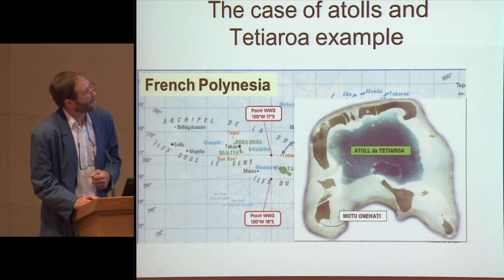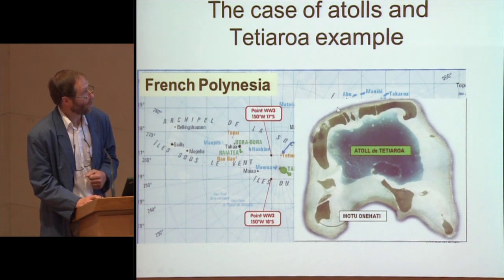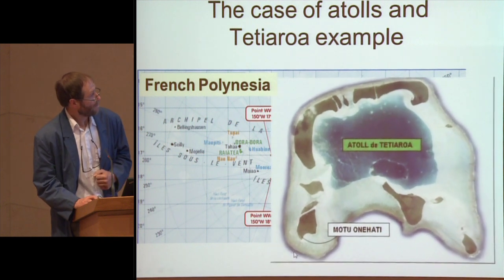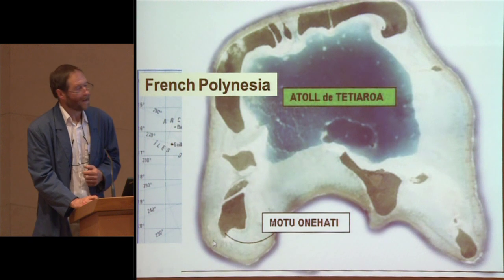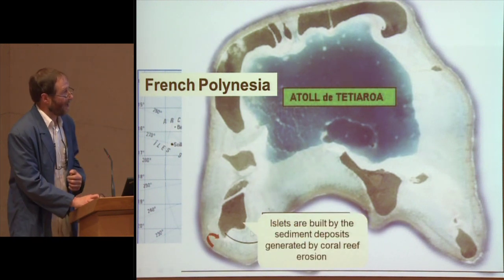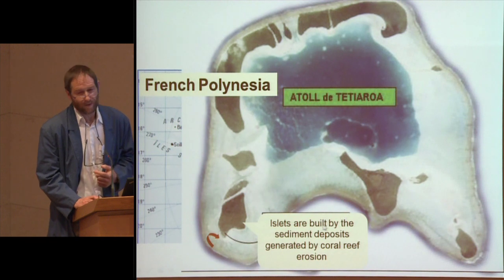You can see here the offshore reef, coral reef, naturally, and the motu. These are islets. These islets are built by the sediment deposits generated by coral reef erosion.